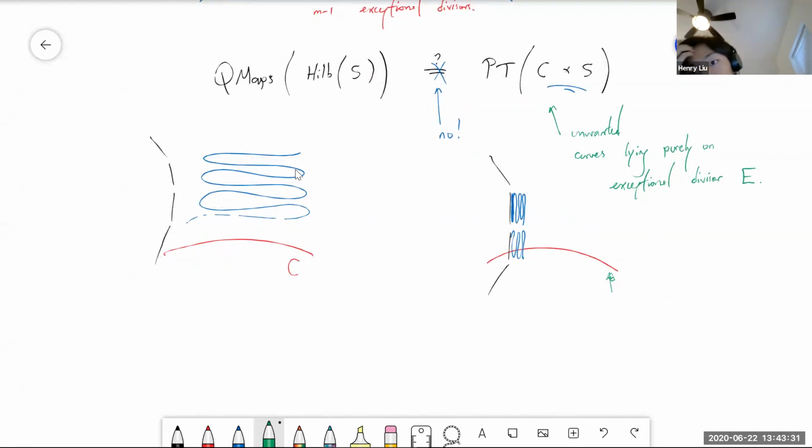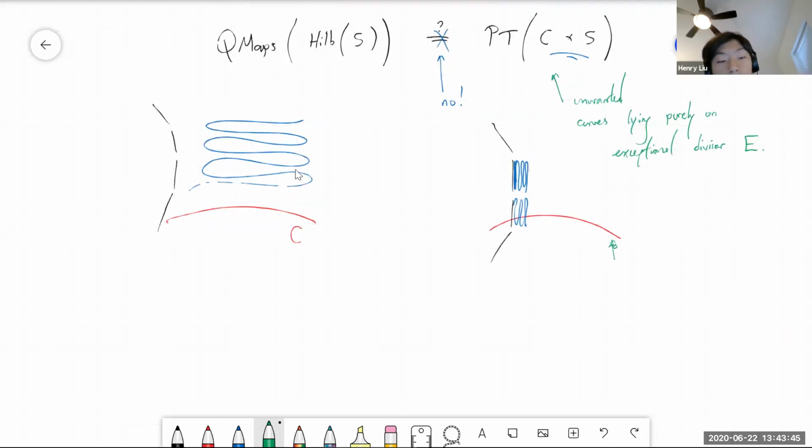And so the very natural question is, if we somehow remove these extra contributions, is the resulting theory, whatever that's called, equal to quasimaps to Hilbert of S? Now we find ourselves in a situation very similar to the passage from DT to PT.